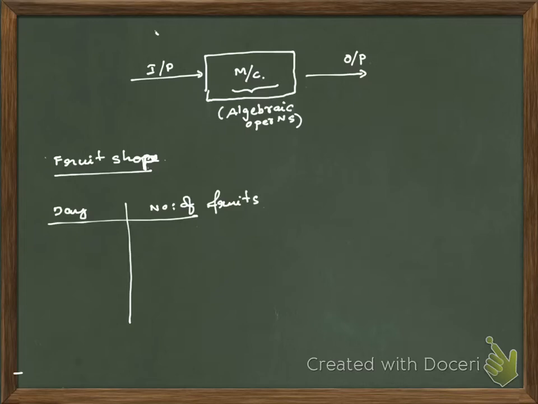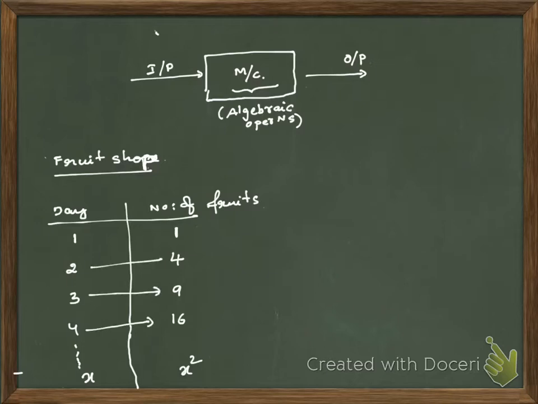Let us say on day 1 I have sold only 1 fruit. On the second day, I have sold 4 fruits. On the third day, 9 fruits. On the fourth day, 16 fruits. In this way, if I keep repeating, on some xth day I will obviously sell x square number of fruits, right?